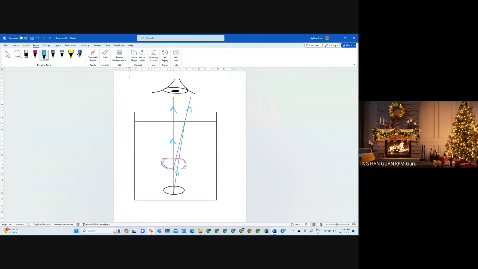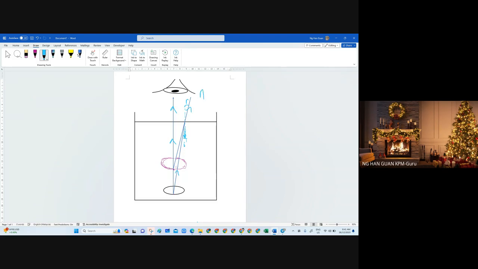So from here, if you want to show the angle, get the normal line here. This is your angle. Incident angle i, deflected angle r. In this case, if we want to apply our calculation, let's say this is water, right?